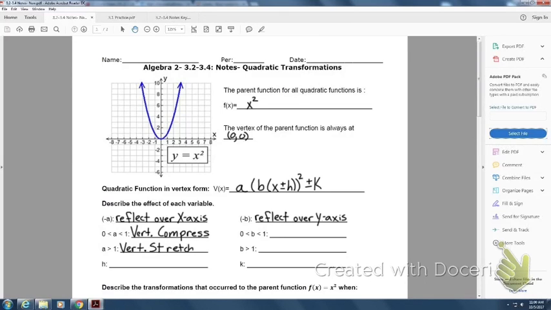So now going over to the B, if B is between 0 and 1, what is that going to do? Horizontally stretch. And if B is greater than 1, horizontal compression.